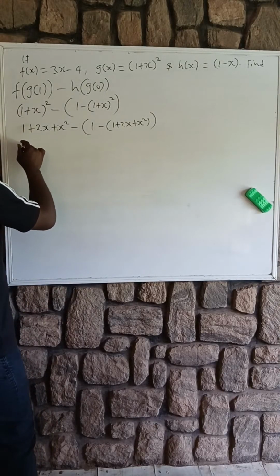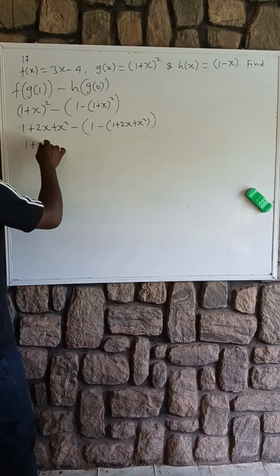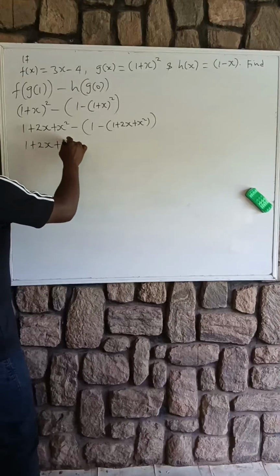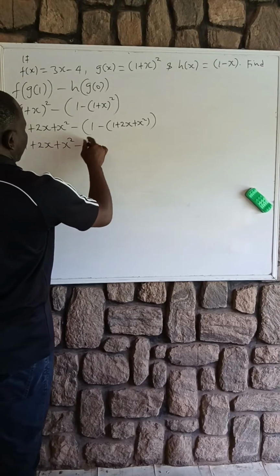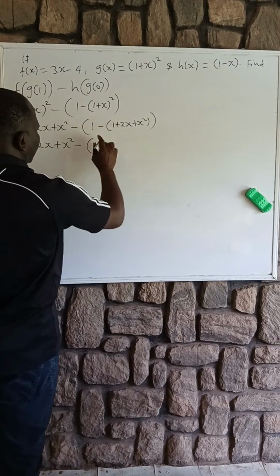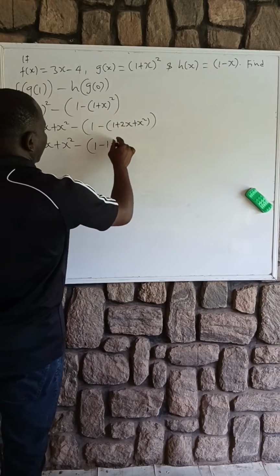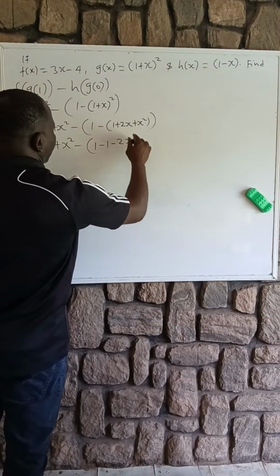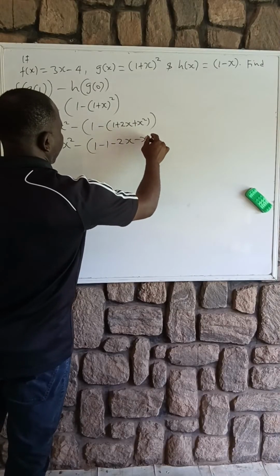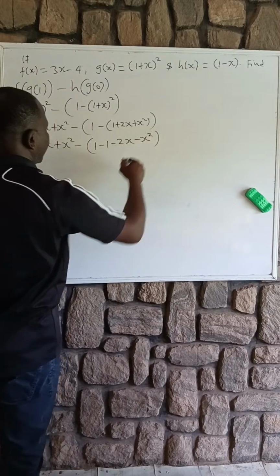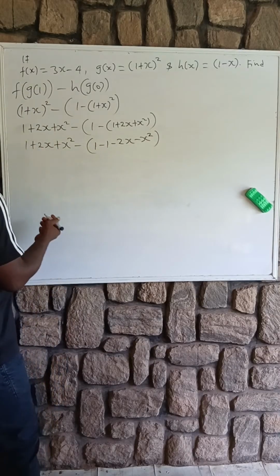So this is 1 plus 2x plus x squared minus 1, this one times this, minus 1 minus 2x minus x squared, right? So this one and this one will go.